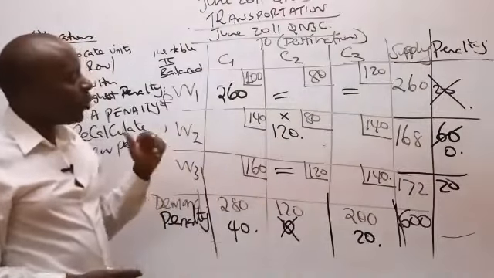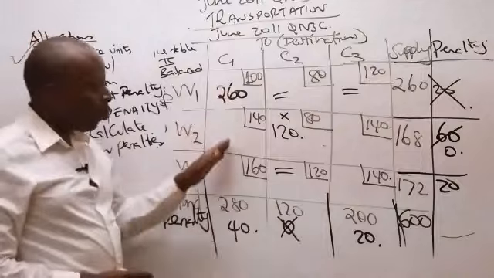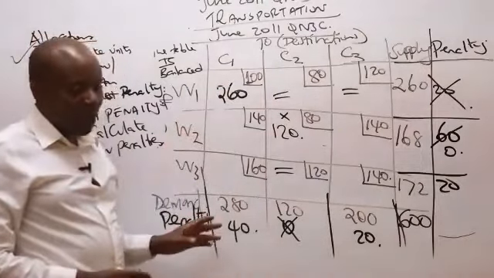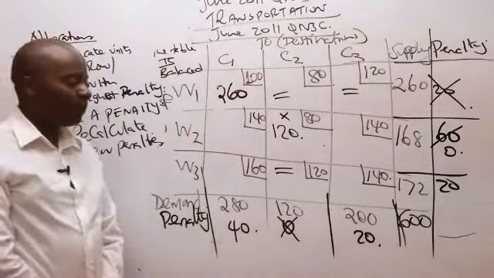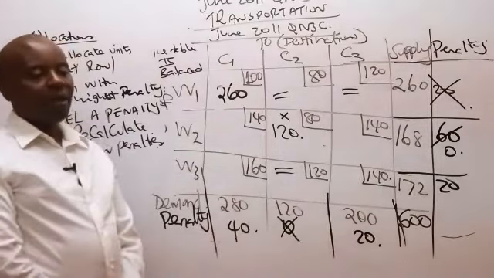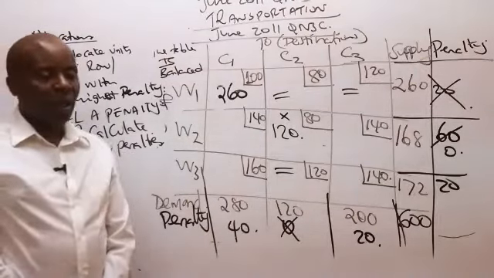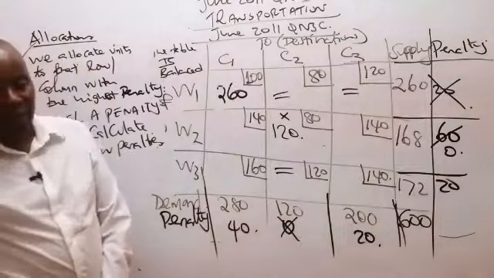So, ladies and gentlemen, I would want you to help me. I want us to calculate the new penalty for C1. Could you kindly help me calculate that? Somebody give me the new penalty for C1. If you get this, we should be able to give you a present. Is there anybody who is able to see the C1 penalty?